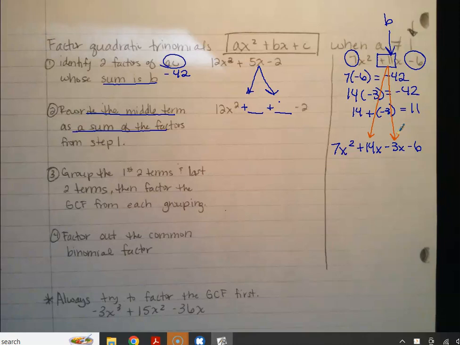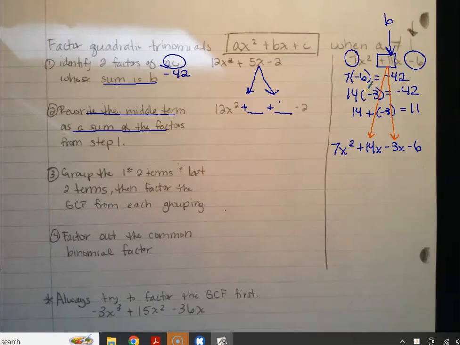It came from here. It was 14 and negative 3. Those were our factors. Because in order to get a negative 42, we have to have a positive and a negative. It's just factoring. You got it. Then we replace that 11x with the two new factors.